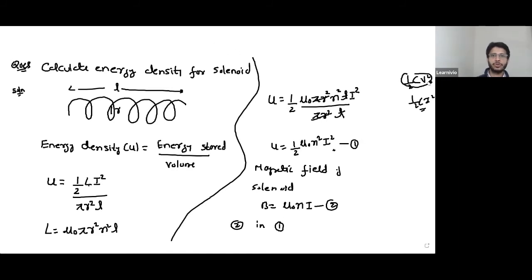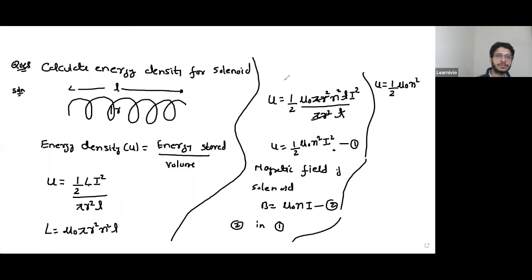When I substitute 2 in 1, you will get energy density is half mu naught n square, and instead of I, I is B by mu naught.